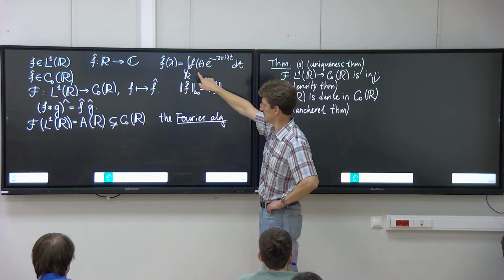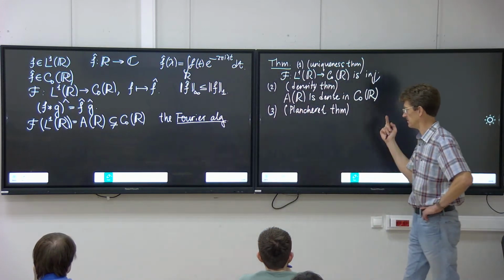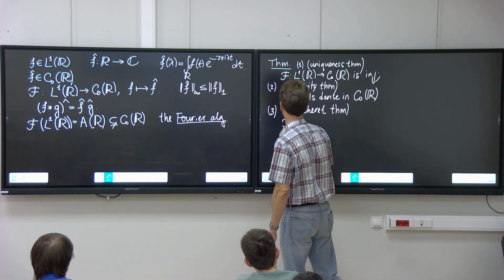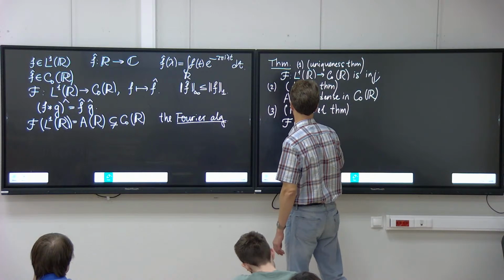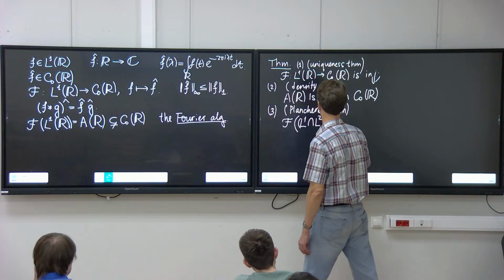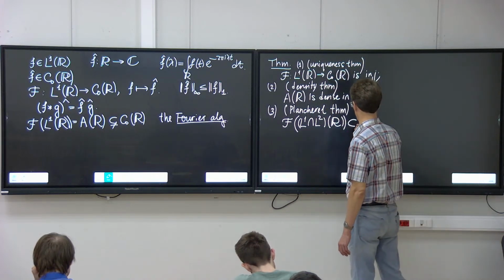If f sits in L2, then the integral doesn't exist in general. Nevertheless, the theorem states that if we restrict the Fourier transform to the intersection of L1 and L2, which is a proper subspace of both L1 and L2, then it takes this intersection to L2.